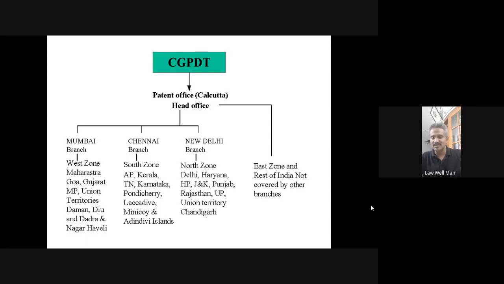Then Kerala comes under that, Tamil Nadu, Karnataka, Pondicherry. It goes like that, Lakshadweep, etc. And every patent office has got a territorial jurisdiction like that. So which area do you belong to? That will decide the relevant patent office for you.